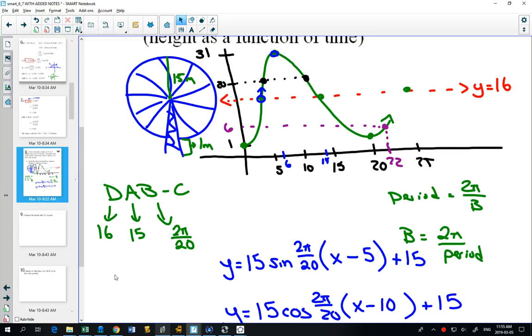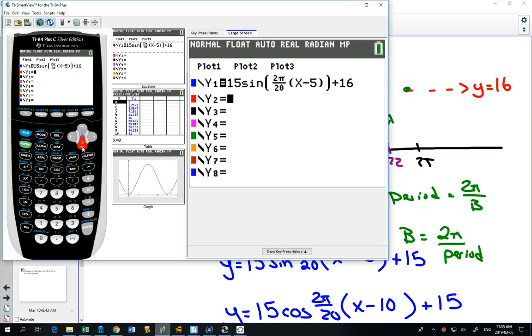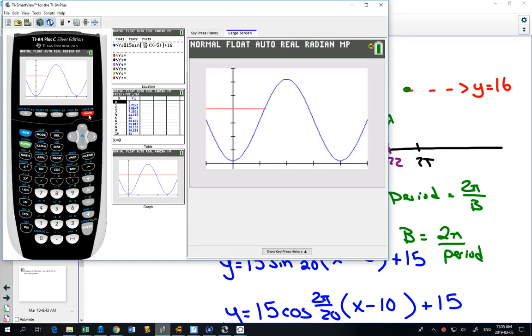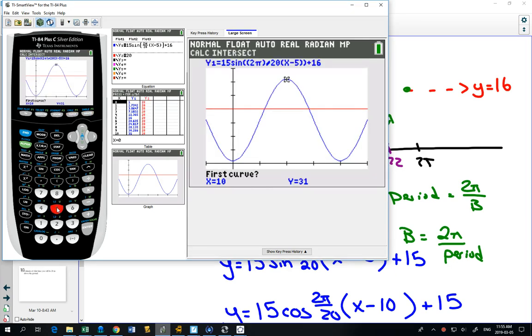If I want to find out when it's at 20, on my graphing calculator, I can type in 20 into my second equation to draw a horizontal line at 20. Second calculate, where do they intersect? Enter, enter, enter. One is at 14.1.